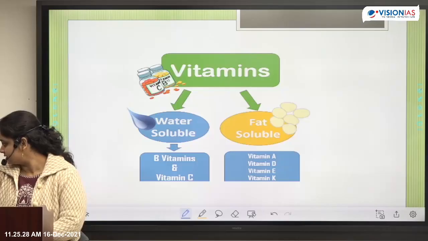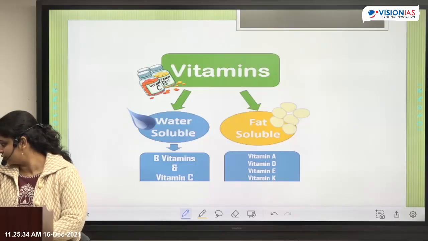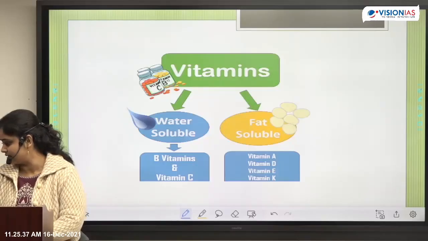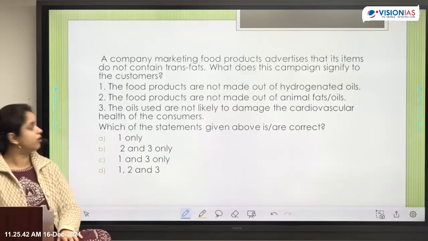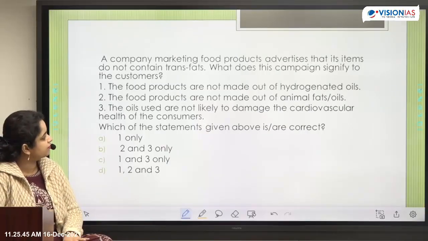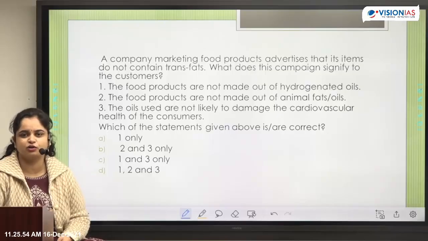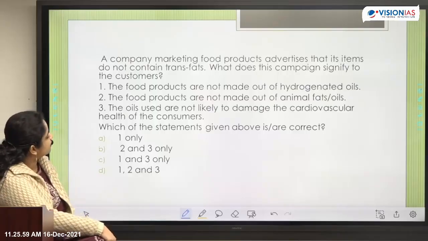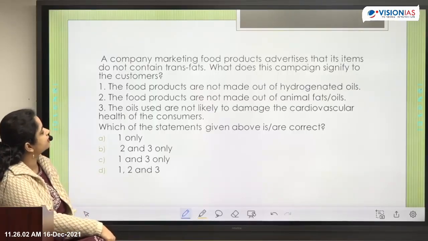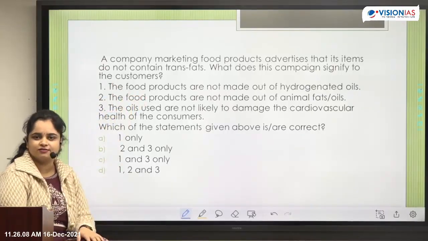Shrishant has asked that as trans fats are hydrogenated vegetable oils, how can we eliminate the second option? Food products are not made out of animal fats or oils. Okay, if you are saying that trans fats are hydrogenated vegetable oils, then I'll take your logic, and that means that this does not contain hydrogenated vegetable oil, right? Because it does not contain trans fats.